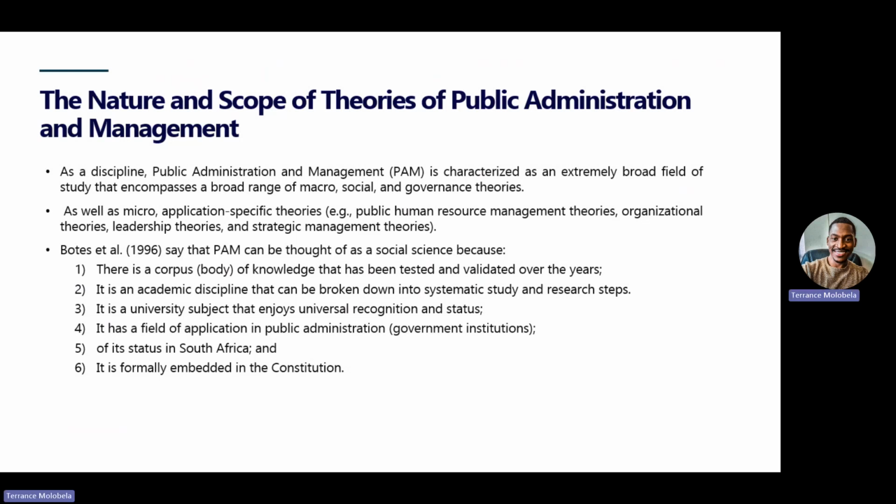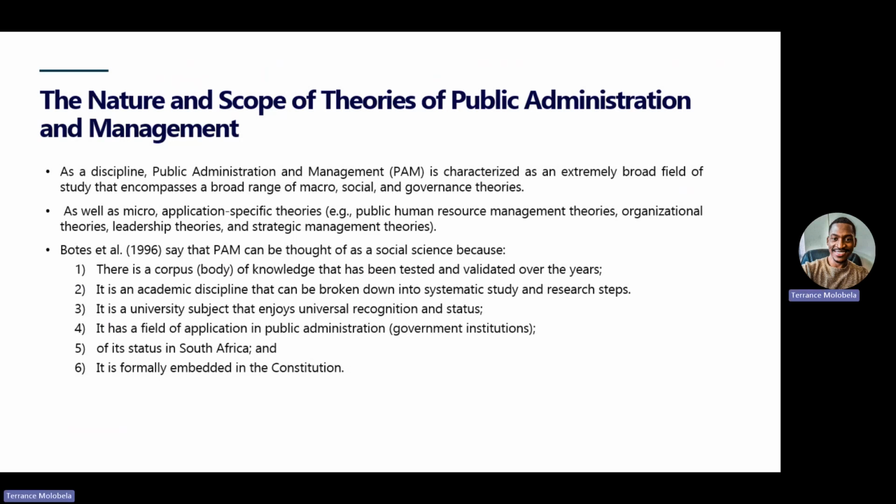came up with a thought that PAM can be thought of as a social science because, number one, there is a body of knowledge that has been tested and validated over the years. Also, it is an academic discipline that can be broken down into systematic study and research steps.